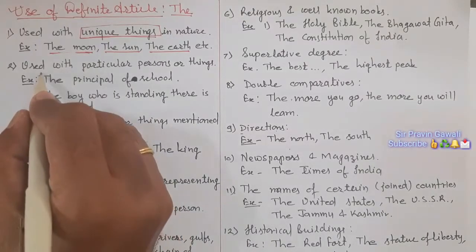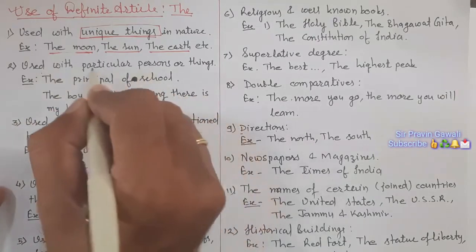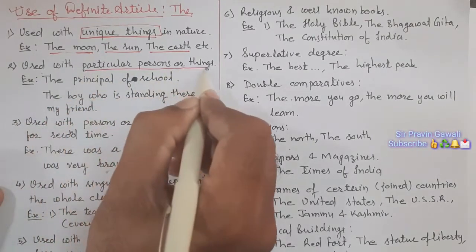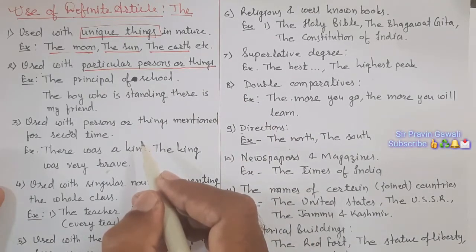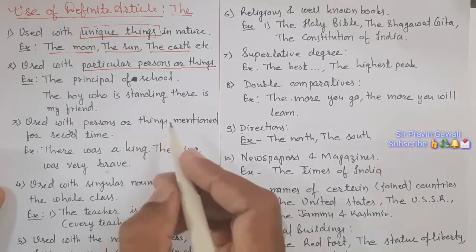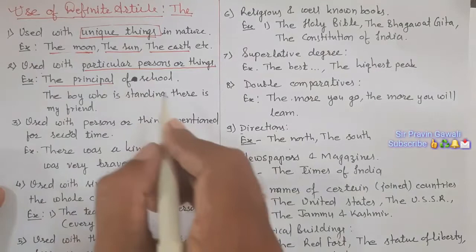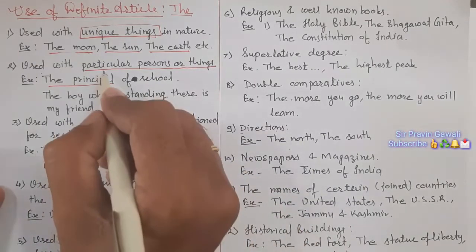Next one, it is used with a particular person. As I have told you earlier, we use the article with a particular or specific person that we know. For example, the principal of the school, it means we know the principal.